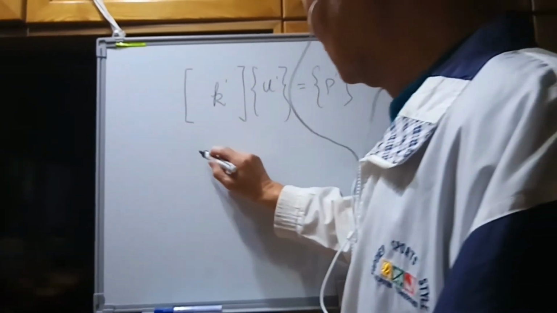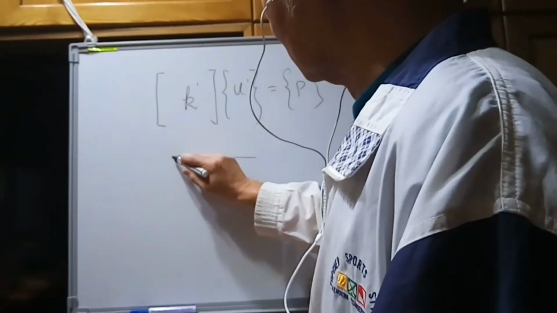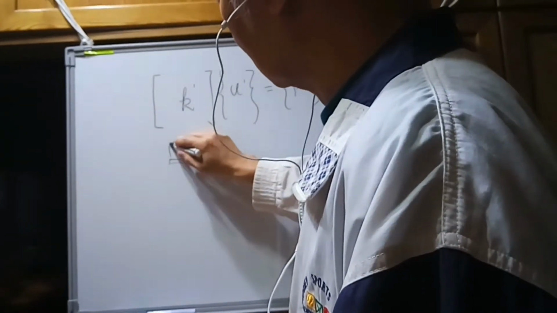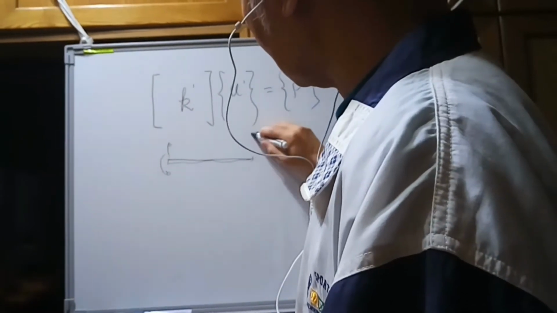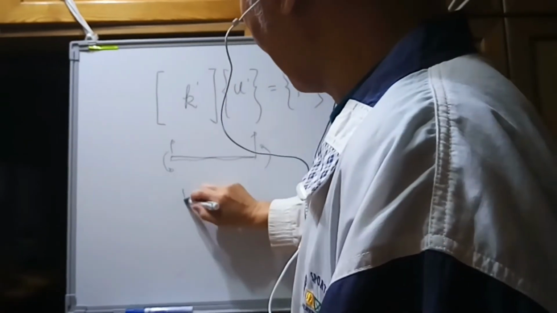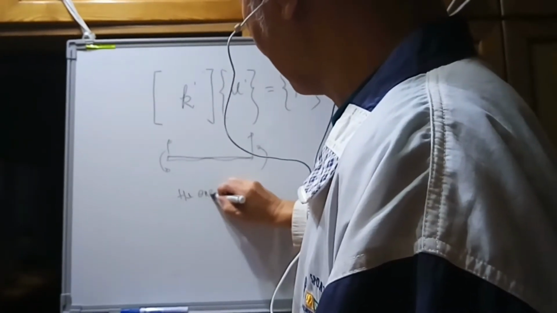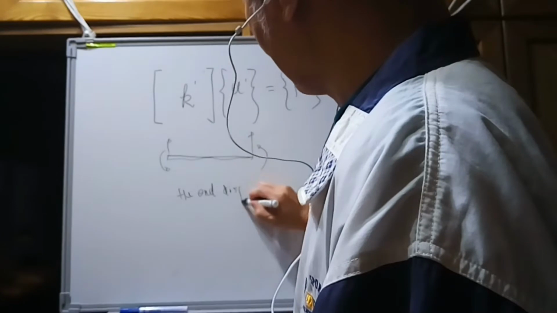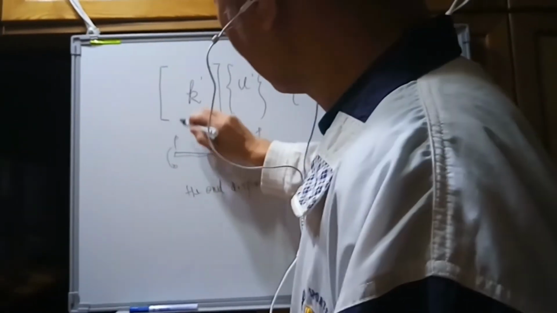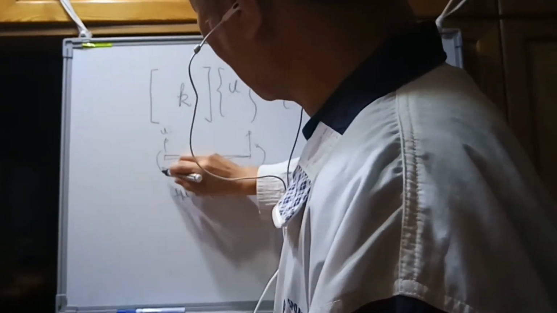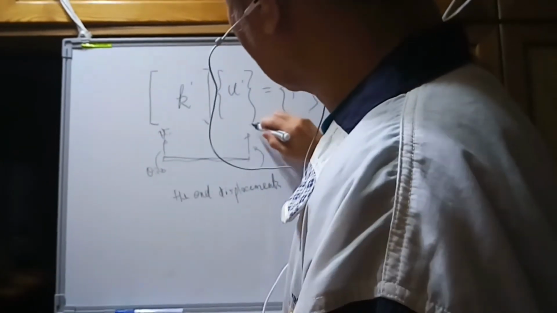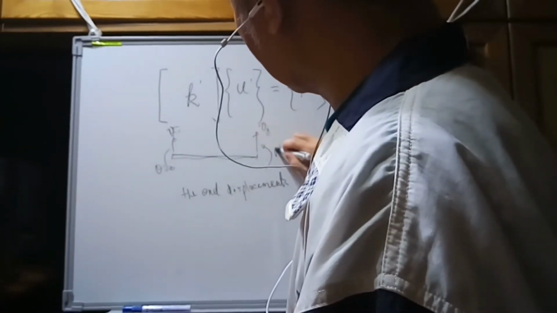And with the derived element stiffness matrix, we can find the relations between the end displacements. We can say they are ui, vi, theta i, and vj, theta j.